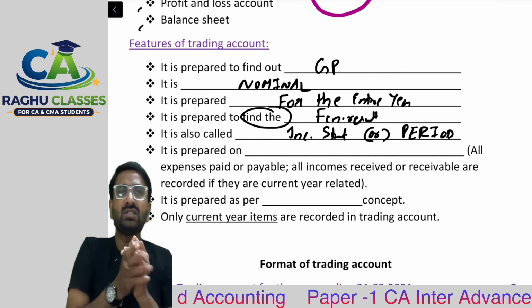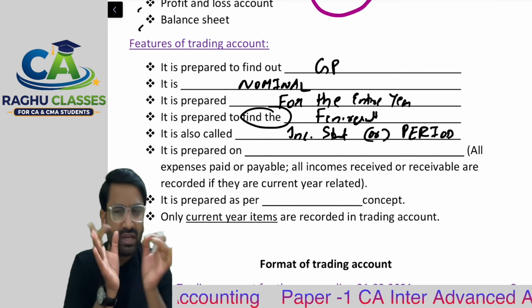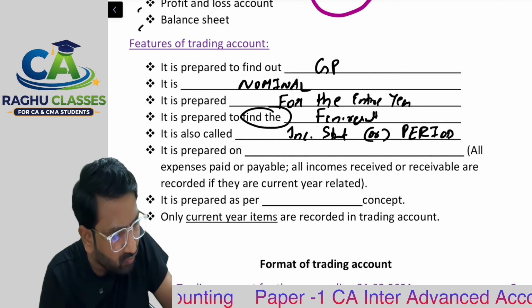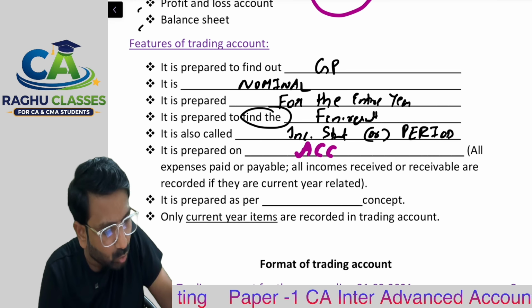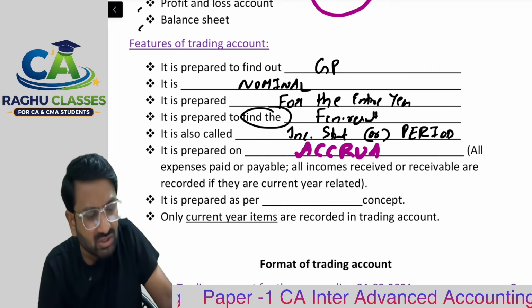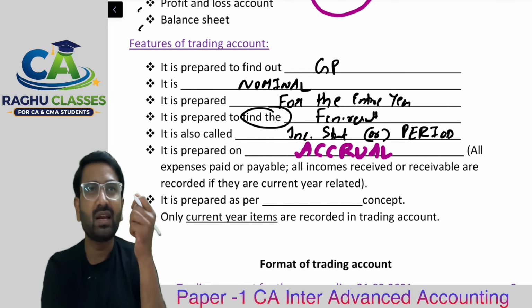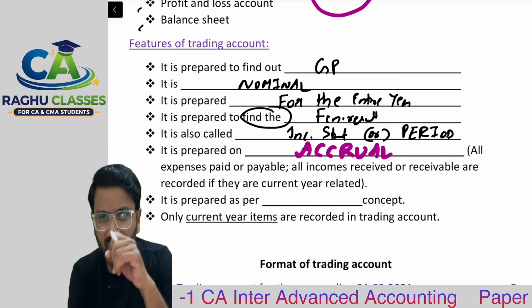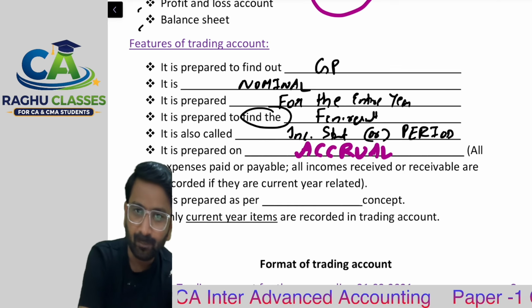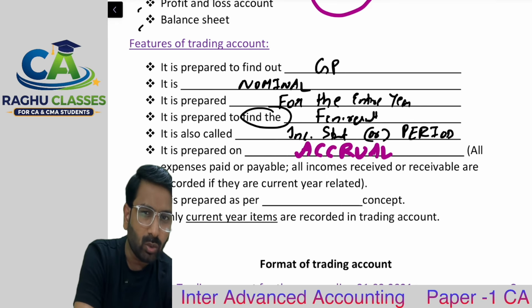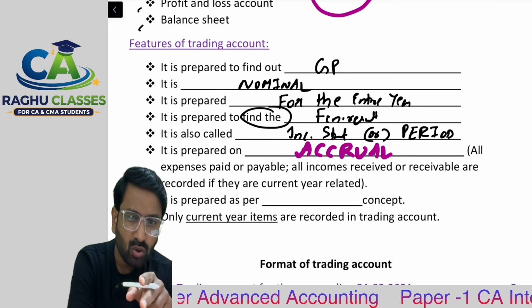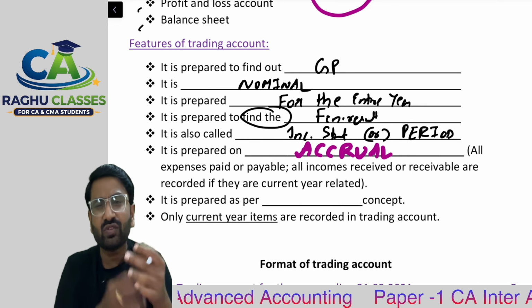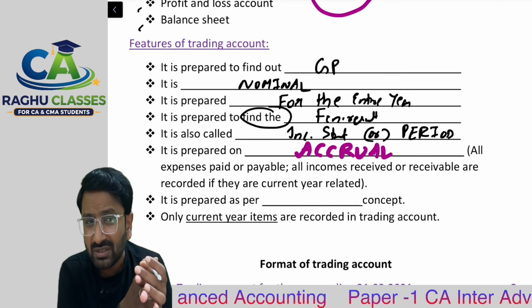Now, a very important point: when you prepare the trading account, you need to follow something called the accrual basis. What does this accrual basis say? Let's say during the current year, I paid 7 lakhs wages and 1 lakh is outstanding. When I prepare my trading account, I have to show 7 lakhs paid and 1 lakh payable. From the current year point of view, my expense is not just 7 lakhs.